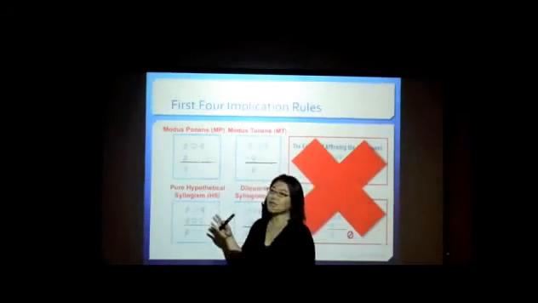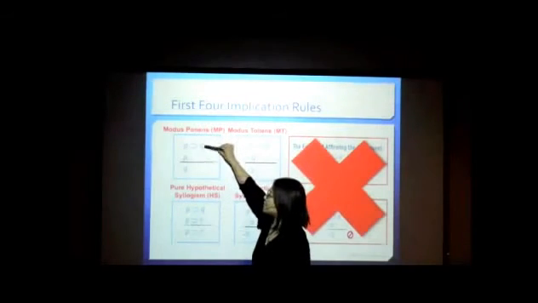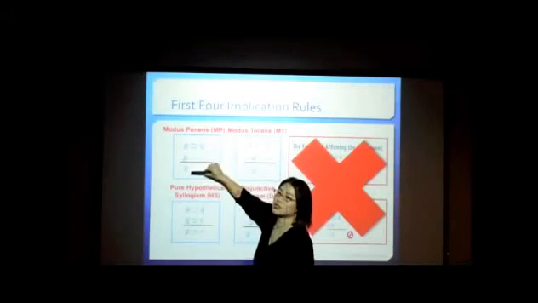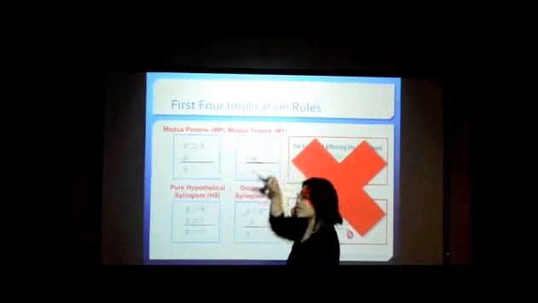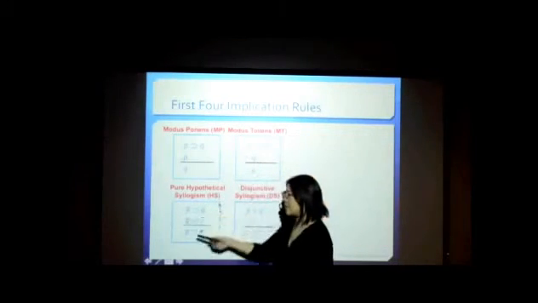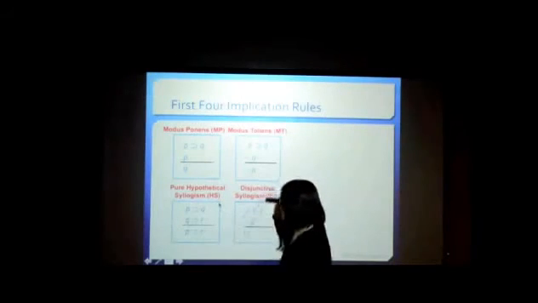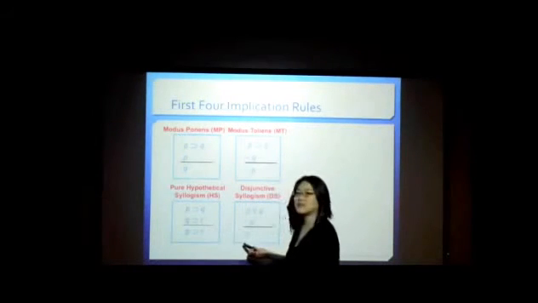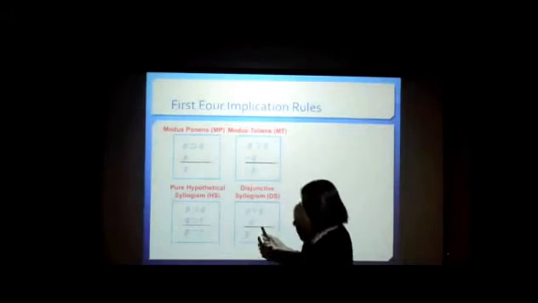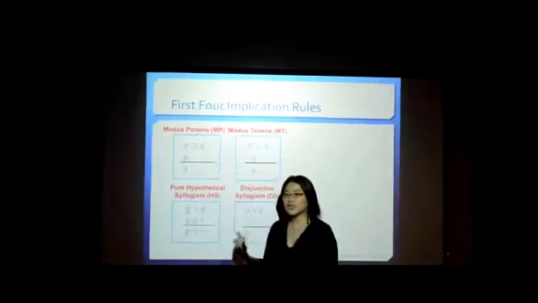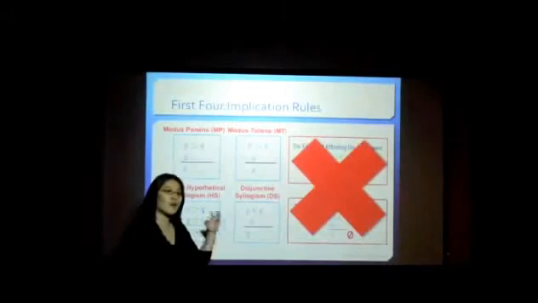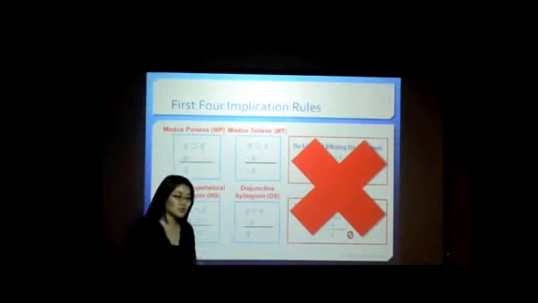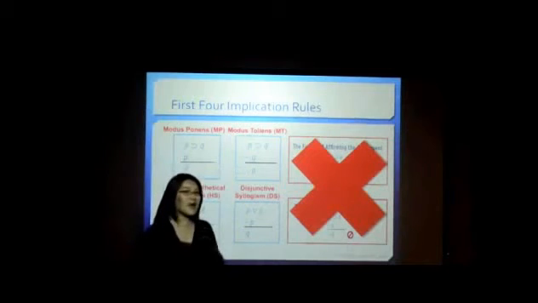They tell you that these two premises imply the conclusion, and these two premises imply this conclusion, and these two premises imply this conclusion, and these two premises imply this conclusion. So these are rules of implication.